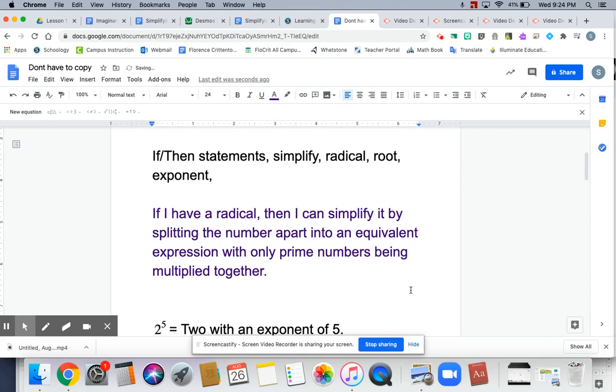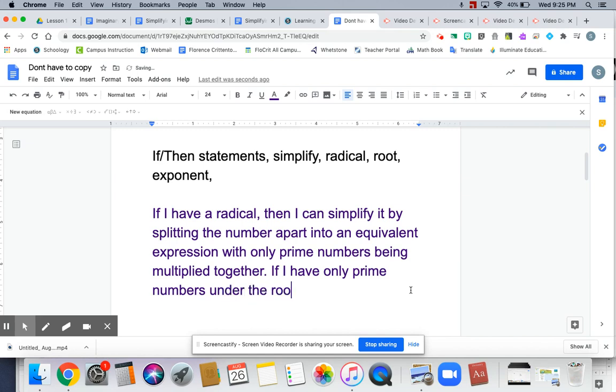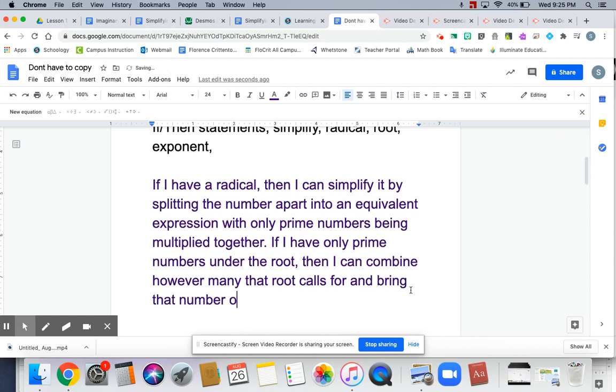And then just to use another if-then statement, if I have only prime numbers under the roots, then I can combine however many that root calls for. So if it's a square root, it calls for 2. If it's a cube root, it calls for 3. And bring that number out front once.